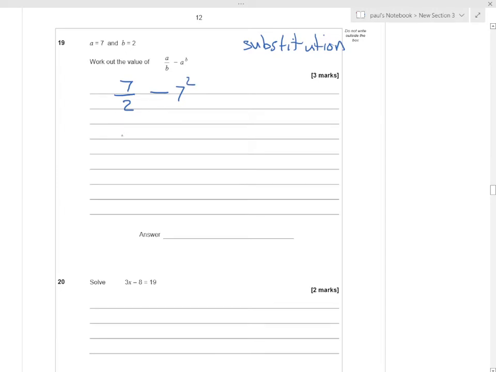Now 7 over 2 is 3.5. 7 squared is 49. So we're going to have a minus number. Right, minus. Just do the numbers the other way around. 49 take away 3.5 is 45.5. So it's a minus number.